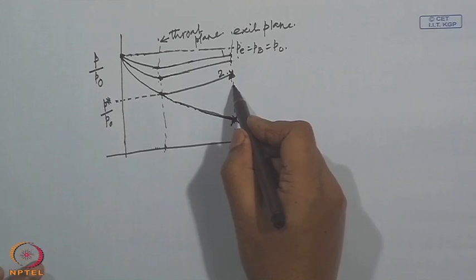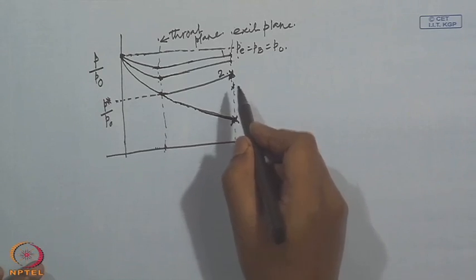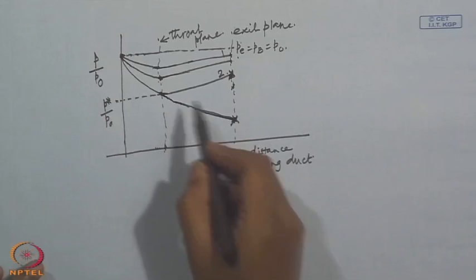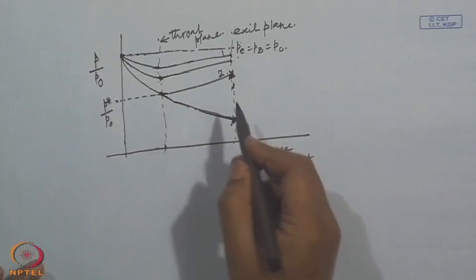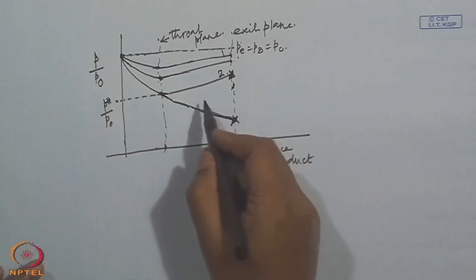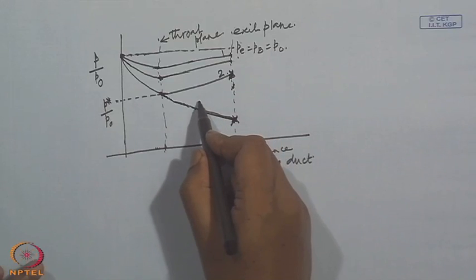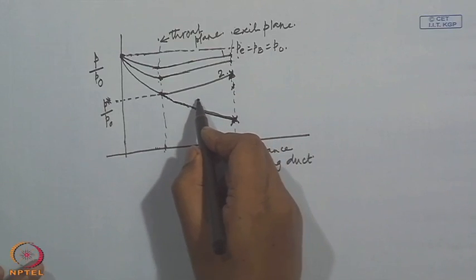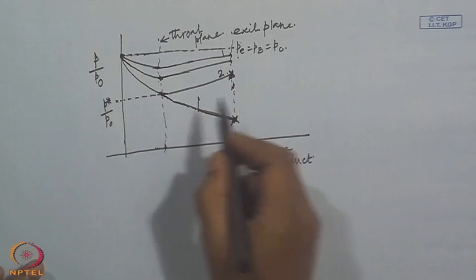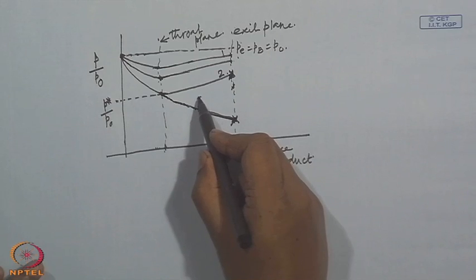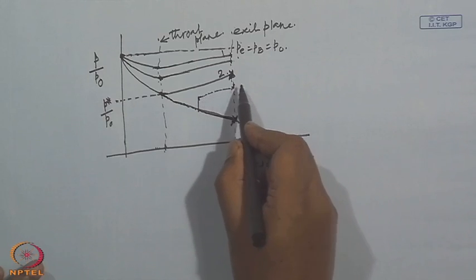For any intermediate value of pressure, say here, the flow initially will accelerate or expand in the diverging duct, reach a certain supersonic speed, and then will have a normal shock, and then it will further diffuse to the back pressure.